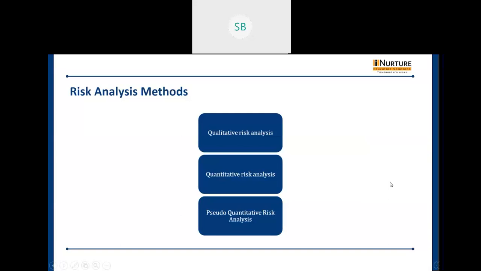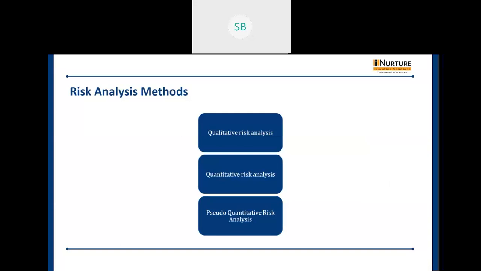Now moving to the qualitative risk analysis. Basically this is more subjective in nature. It is scenario based, and no numerical values will be associated. When will we prefer qualitative risk analysis? When the task is quite normal and non-controversial, so there is no high risk involved.